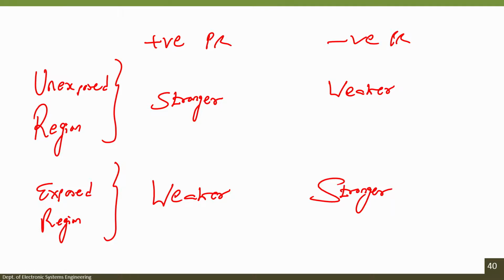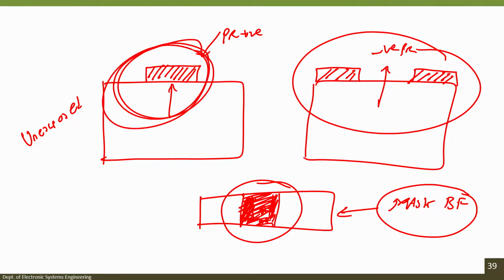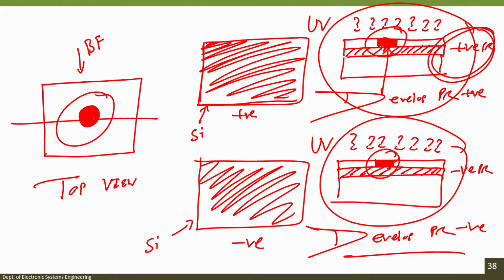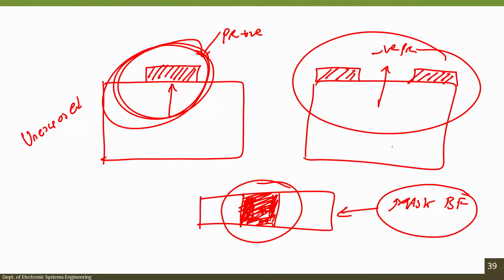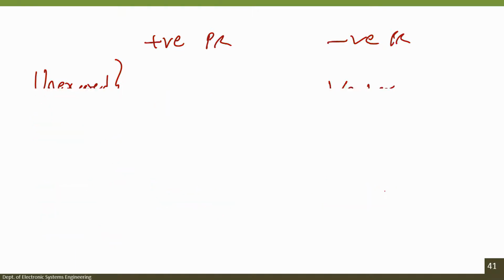You can see here the region which is unexposed in positive photoresist is becoming stronger, the region which is unexposed in negative photoresist is becoming weaker. If you talk about the exposed region, it is weaker in positive photoresist, while it is stronger in negative photoresist. Alright.